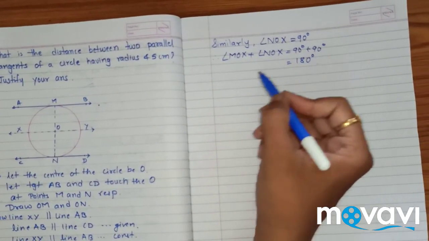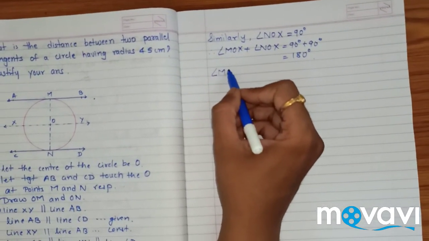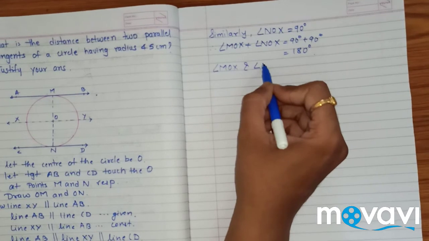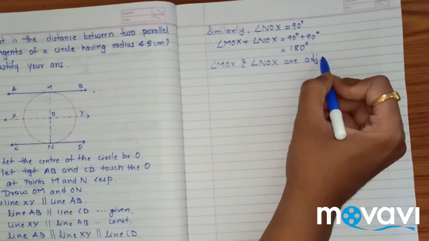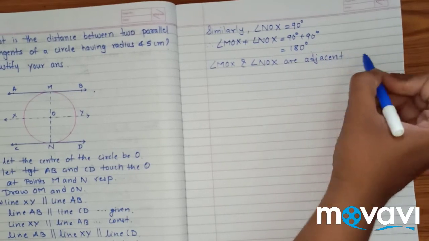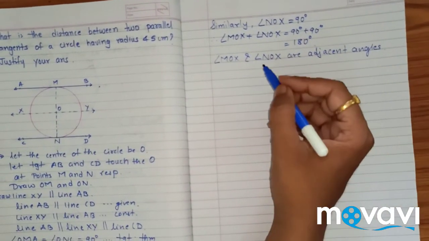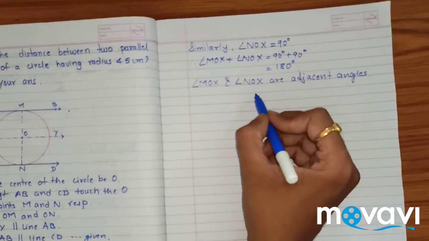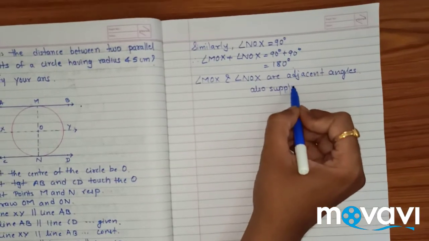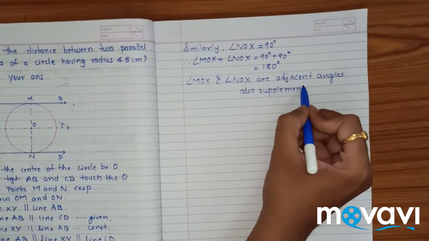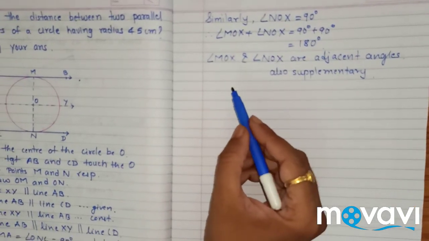Now see, angle MOX and angle NOX are adjacent angles. Adjacent means neighboring. Adjacent angles plus also supplementary. Supplementary means measures 180 degree. They both together measure 180 degree, right?